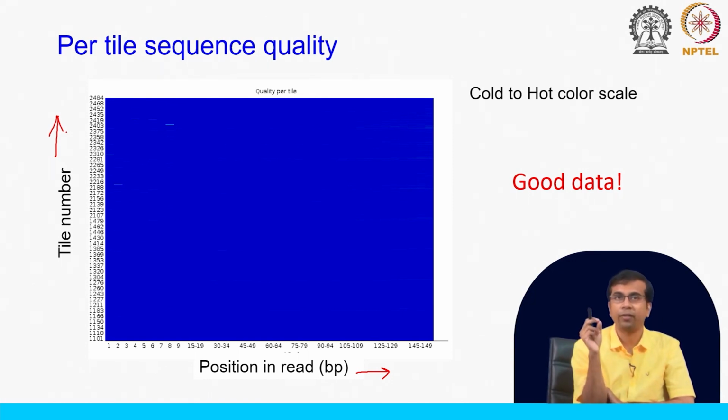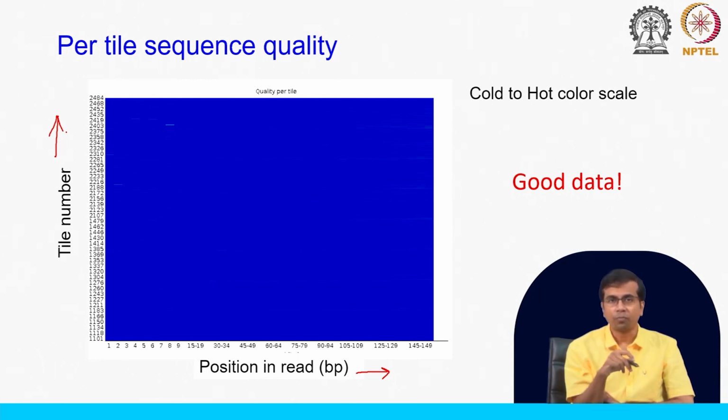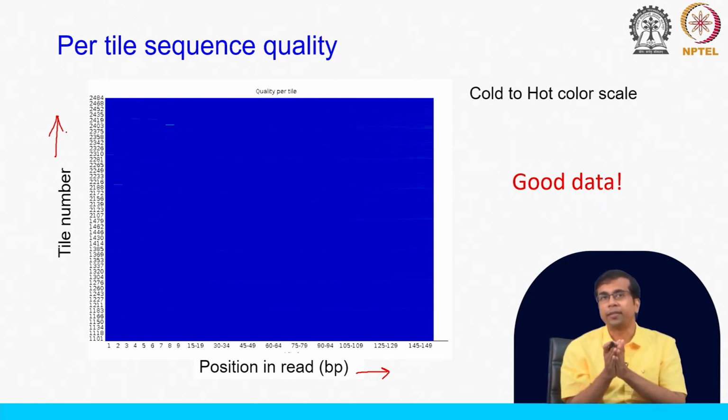The blue gives you quality per tile, and this is in a color scale that goes from cold to hot, which means cold colors will be in blue and hot will be in red. So, if you see some red dots, that means you have this hot color. Usually, what we expect is that this tile sequence quality is blue, which means we have very good quality and we do not have to worry about the data.